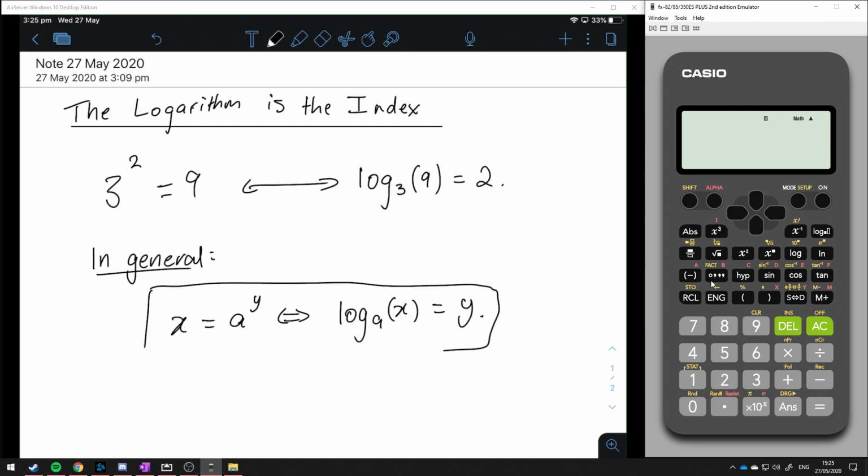And this is the general form of our logarithmic equation, where we can go back and forth between our logarithm and our index, okay.